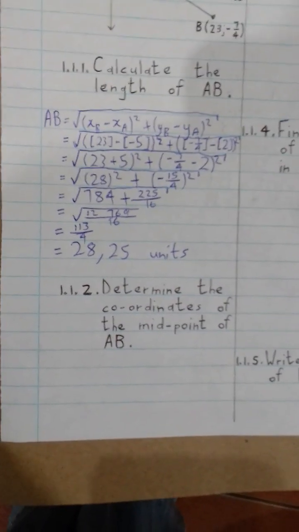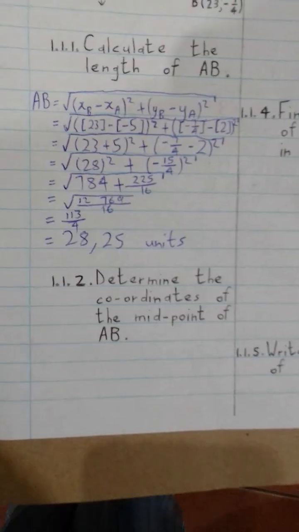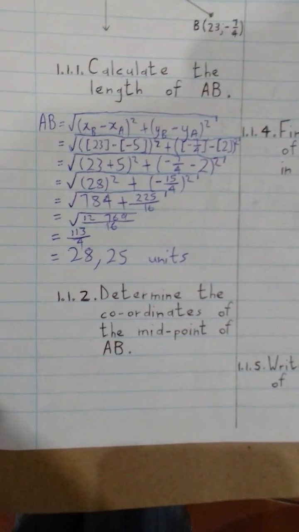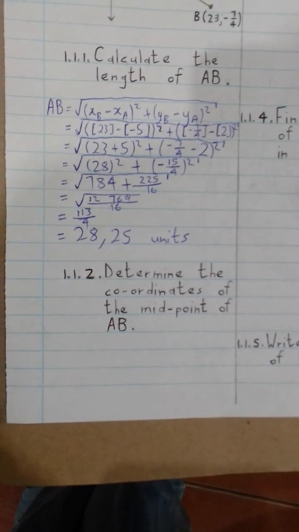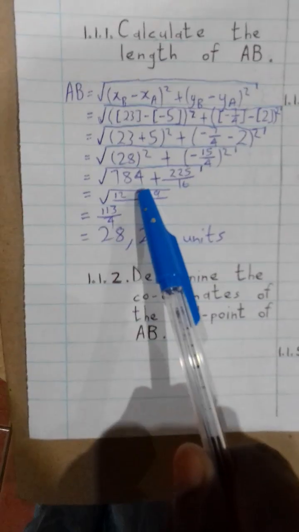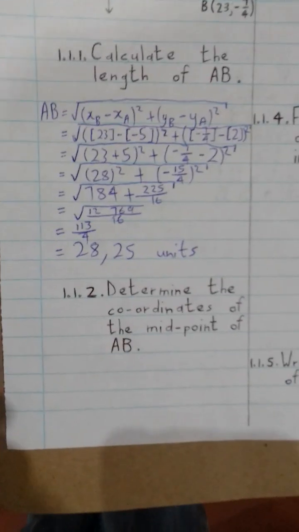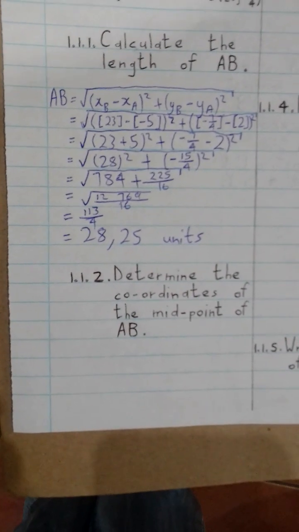So usually if it's 3 marks, it will be substitution and then maybe simplifying into this and then the final answer. Okay, hope that is clear and I hope that makes sense.